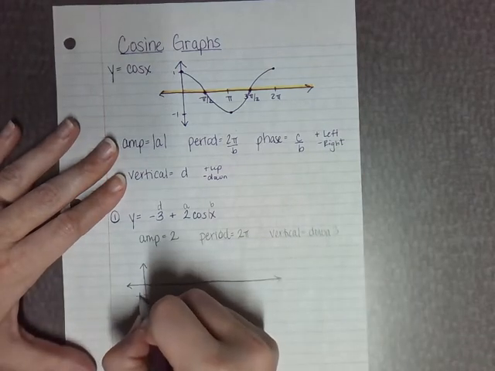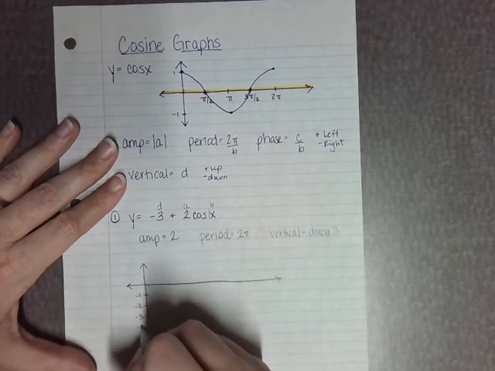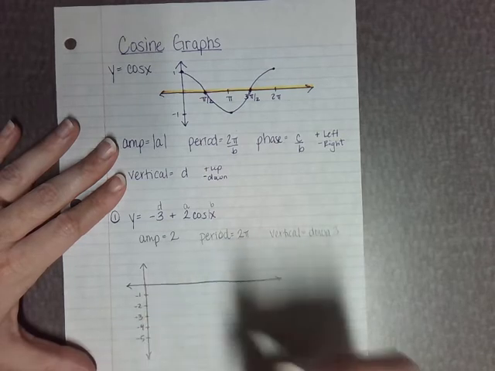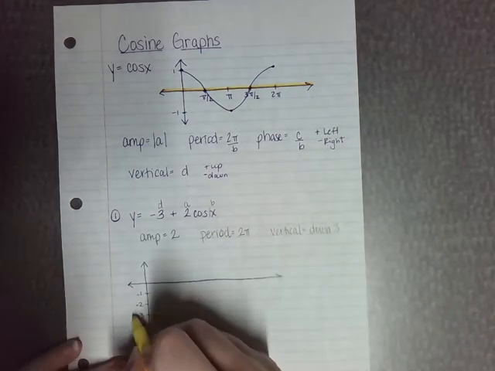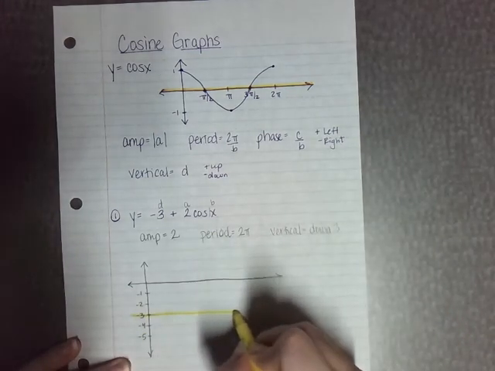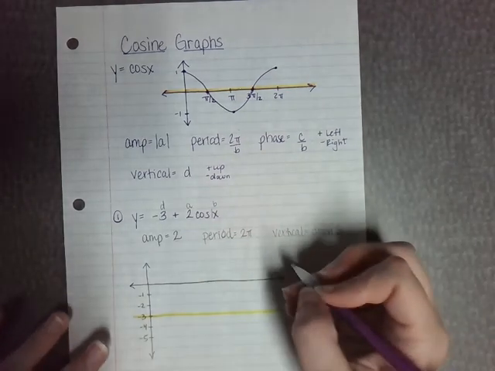Alright, so we've got -1, -2, -3, -4, and -5. I'm going to go ahead and draw our midline down at -3. So that's where we're going to imagine our x-axis being.